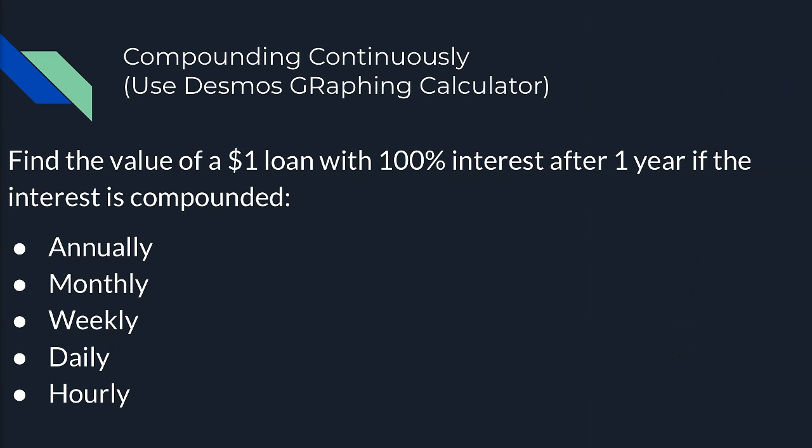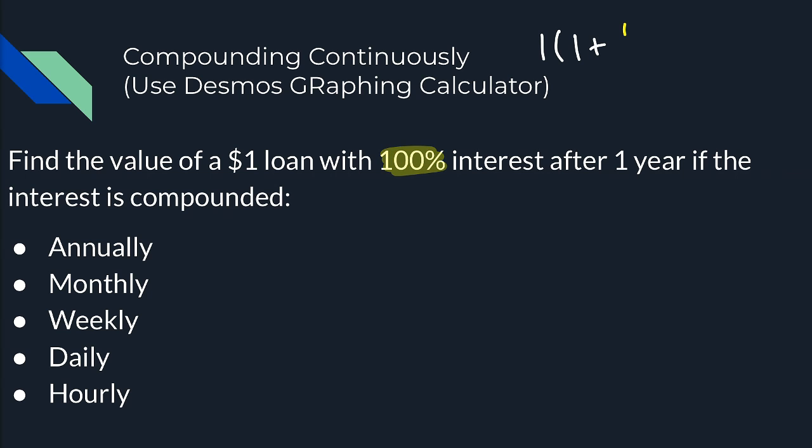All right. So I'm going to give you just a minute to use the Desmos graphing calculator and figure this out. Okay, so here's what you're going to put in the Desmos graphing calculator. It's a $1 loan, and it's 100% interest. So it's the 1 plus, and this 100% interest shows up right here.